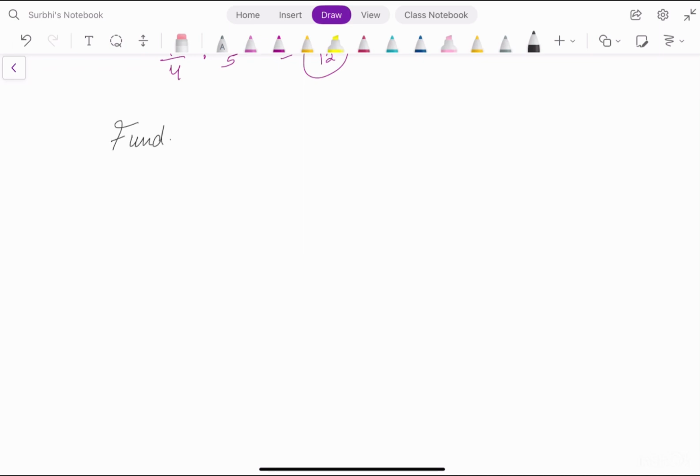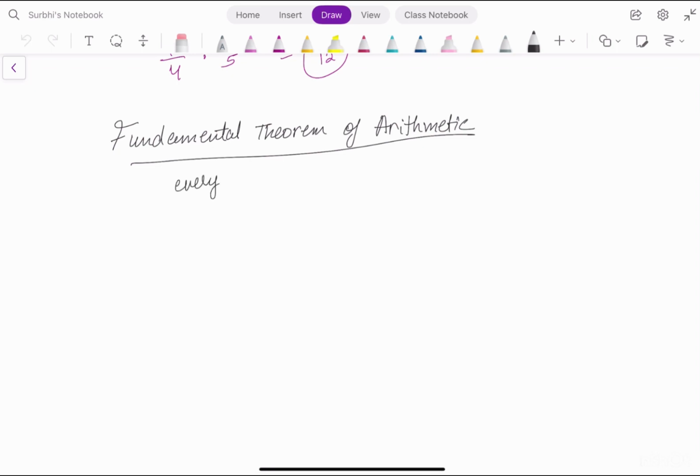Now, there is another thing in this unit that is called the fundamental theorem of arithmetic. This might sound a little bit scary, but they are talking about nothing else but prime numbers and prime factorization. Every positive integer greater than 1 can be used to calculate the prime factorization of any number.